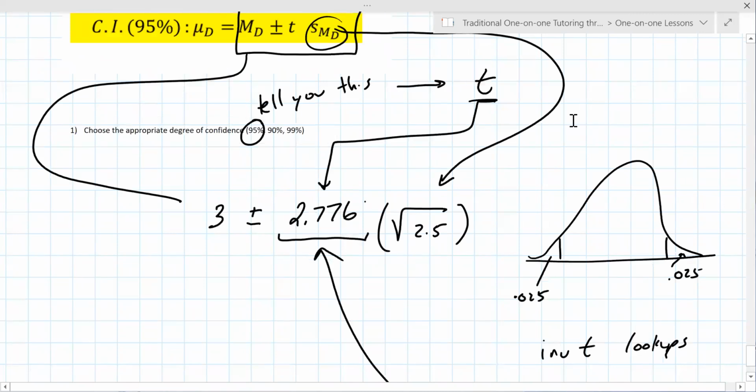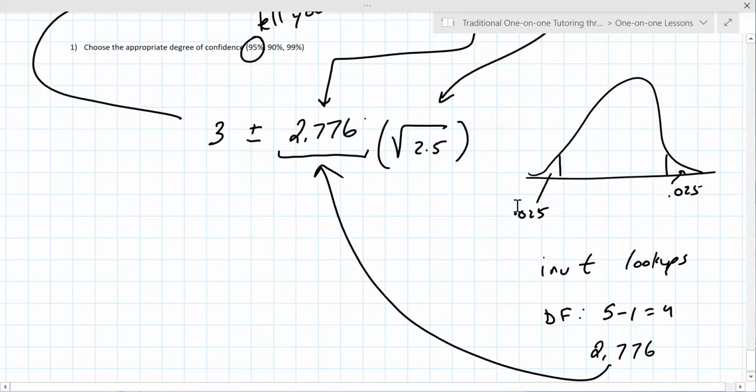So what alpha am I looking at? Well, because it's 95%, that means there's 0.95 in the middle, and then there's 0.025 on each side. There's lots of ways. It's like 1 minus alpha divided by 2. Well, sure, if you want, but it's also either way of doing it. But if you choose the wrong number, you will get the wrong confidence interval. So you have to ask, how much is in the tail?